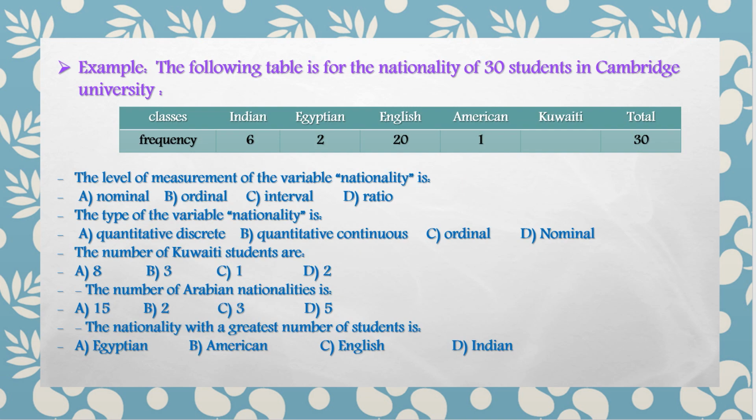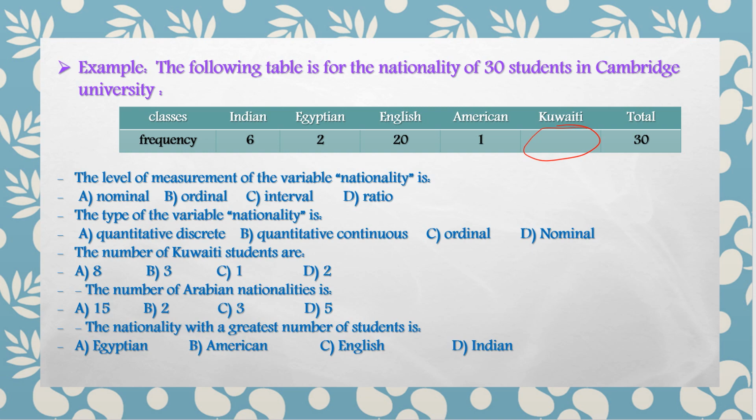Example: the following table is for the nationality of 30 students in Cambridge University. We have different nationalities, and the frequency table consists of classes of different nationalities: Indian, Egyptian, English, American, Kuwaiti, and the frequency column for the frequency of each class. By looking at the frequency table, we can see that there is a missing value for the Kuwaiti students.